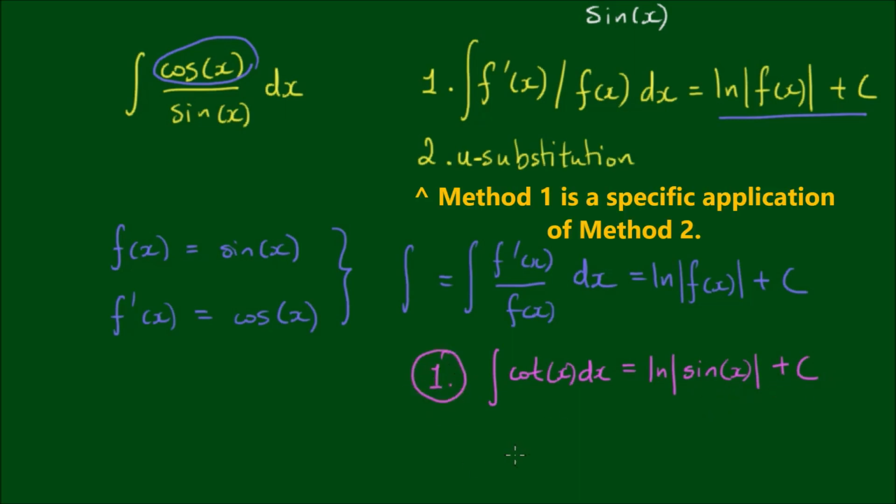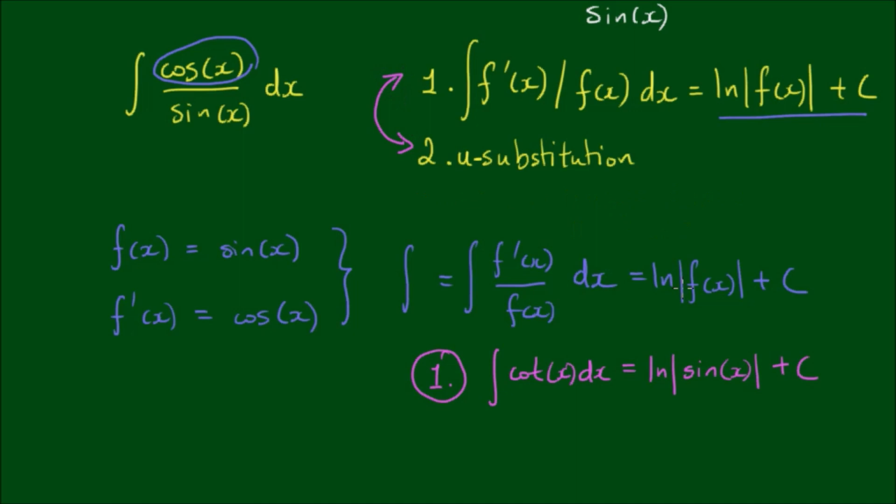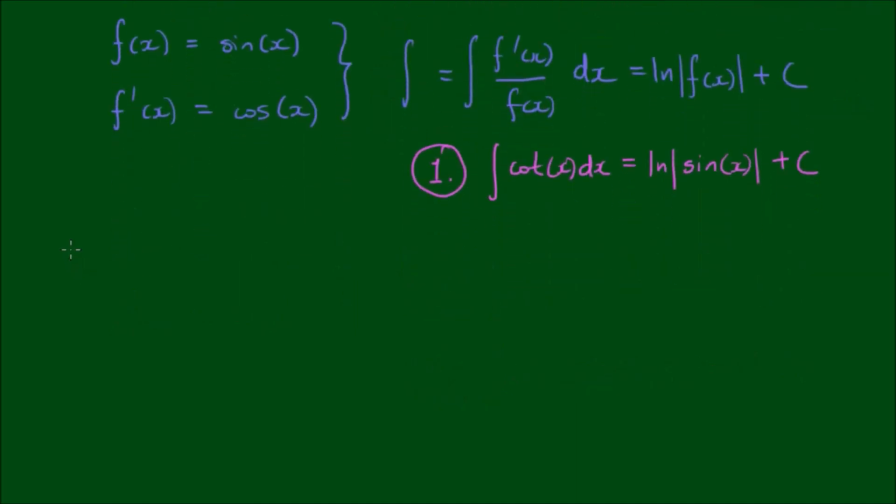Let's see if we get the same result with method number two. And by the way, method number two really is closely related to method number one. So to make the substitution, let's let u equal sine of x. Then the derivative du dx is equal to the cosine of x.